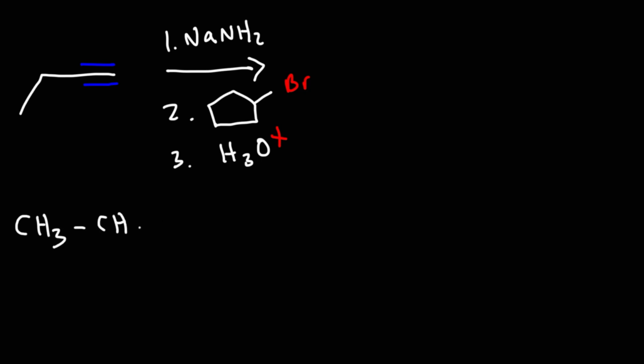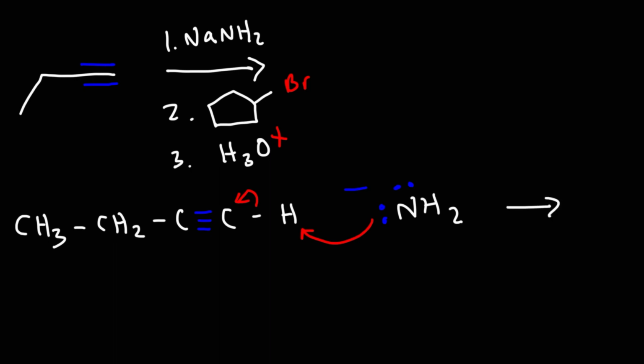Now the first step is going to be the same. The first step is an acid-base reaction. So we're going to have deprotonation of the terminal alkyne. Now what's going to happen next?